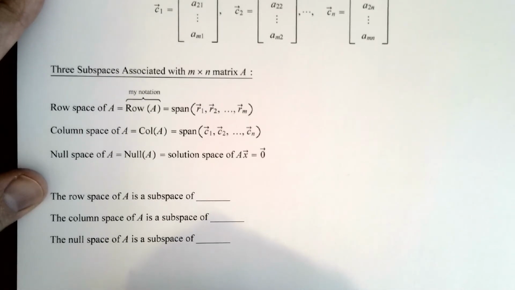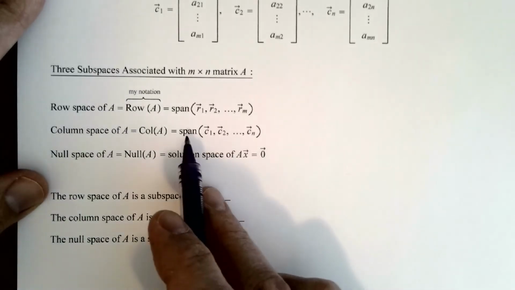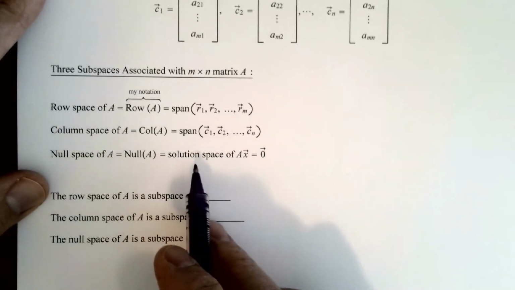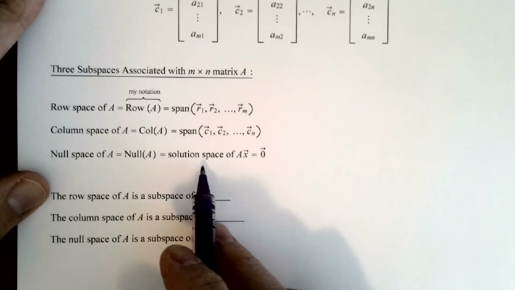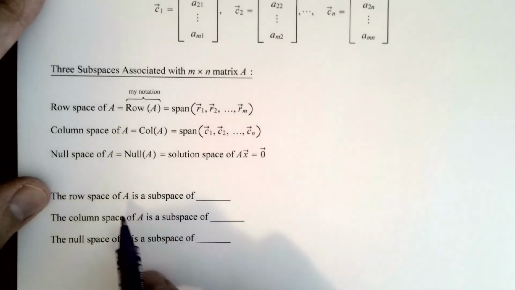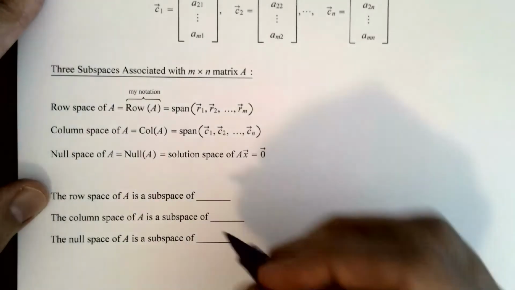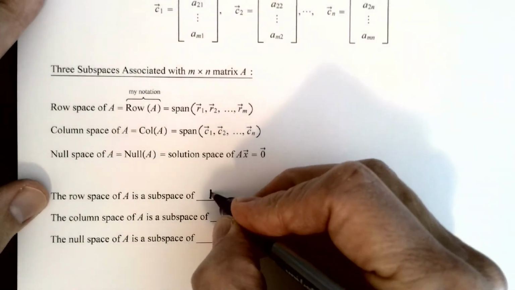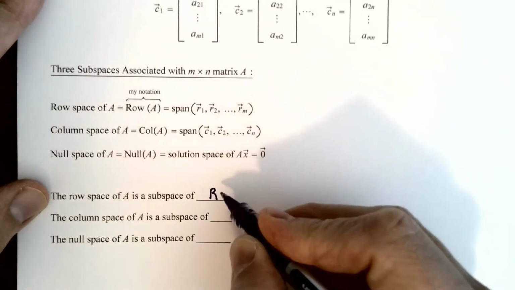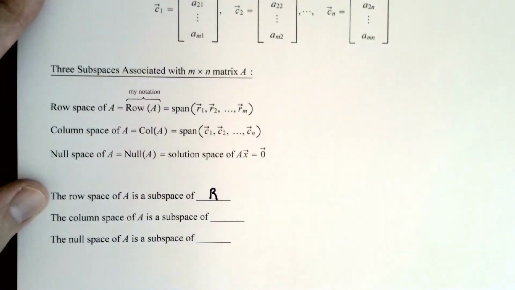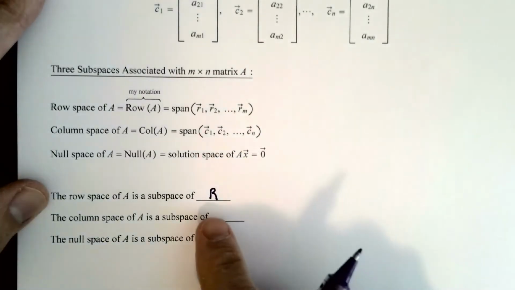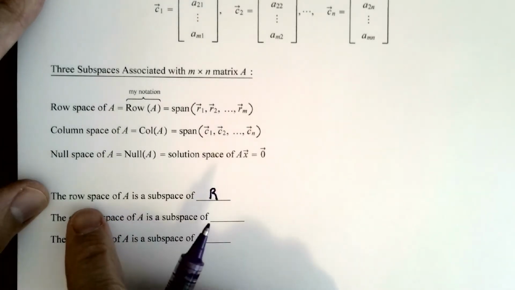Okay, so now I want you to tell me, we know that each one of these row space, column space, and null space are subspaces, but of what space? The row space of A is a subspace of what? I'm going to give you a little hint. You just need to tell me what the superscript is. What space is it? Well, what objects reside in the row space?